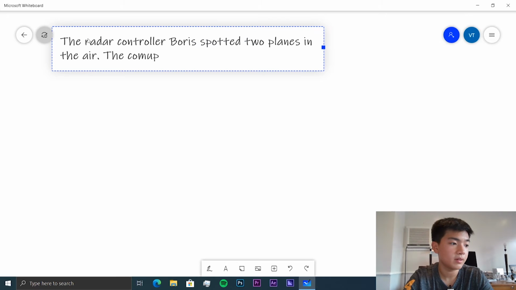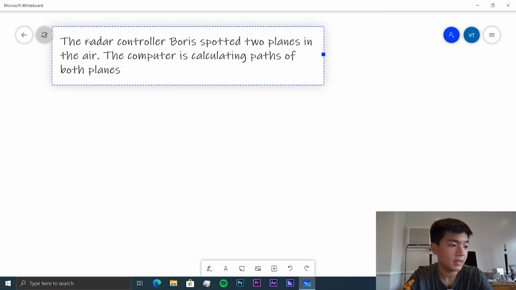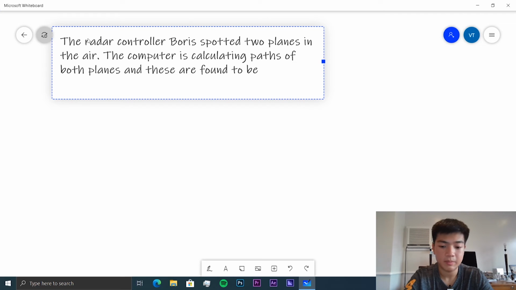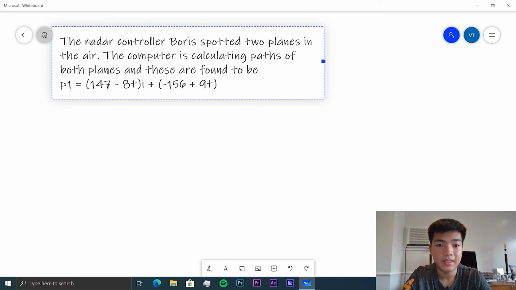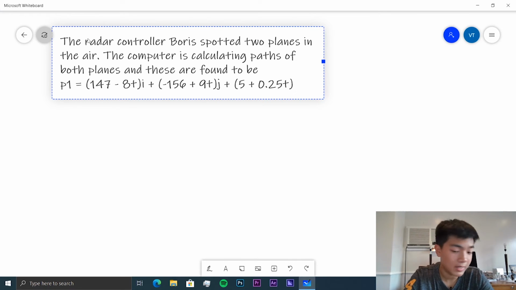The computer is calculating paths of both planes, and these are found to be P1 is equal to 147 minus 8t times i plus negative 156 plus 9t times j plus 5 plus 0.25t times k.